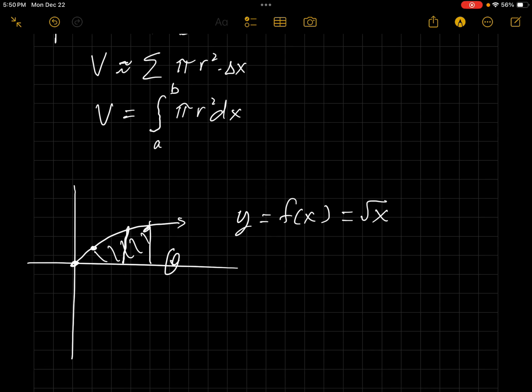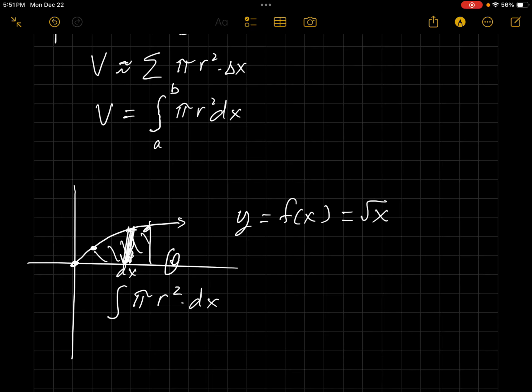So I'm going to start by drawing a representative cross-section, a rectangle, and revolving that about the x-axis, knowing that I'm going to form a circular disk whose volume is pi r squared times dx. Now, I drew it big so I could see it, but you have to assume that the width is actually infinitesimally small.